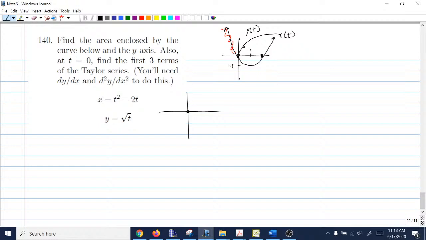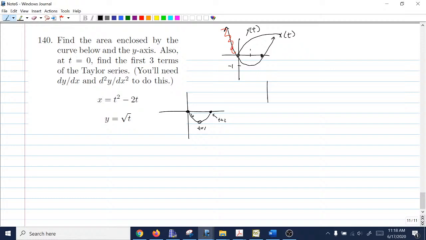X is increasing and y is decreasing, so that puts us going this direction until t equals 2. At some point our x-coordinate equals 0 again.